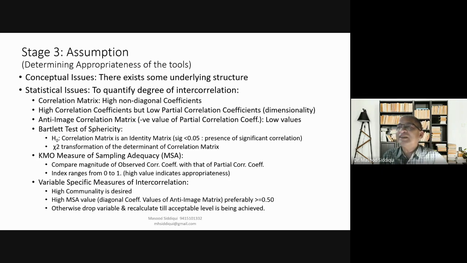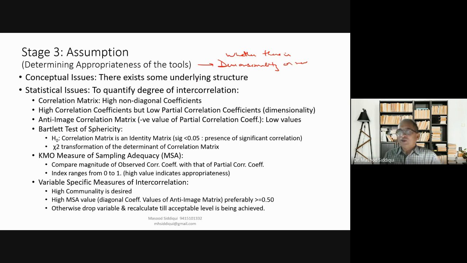The first thing is, we examine whether there is dimensionality or not. So how can that be examined? First, we discuss the conceptual issue, meaning conceptually there should be some underlying structure.